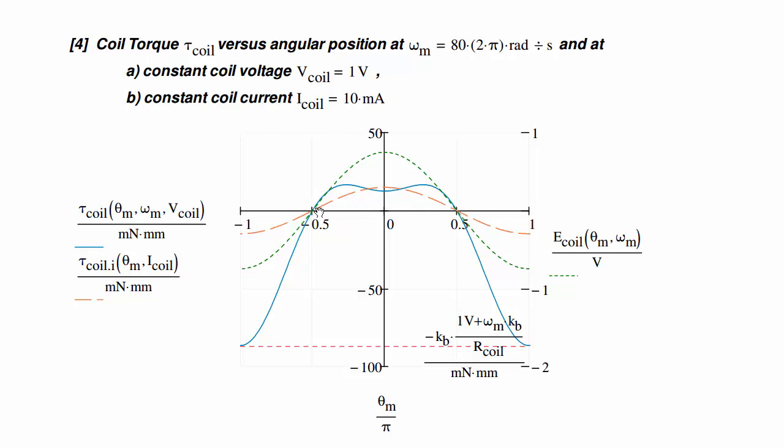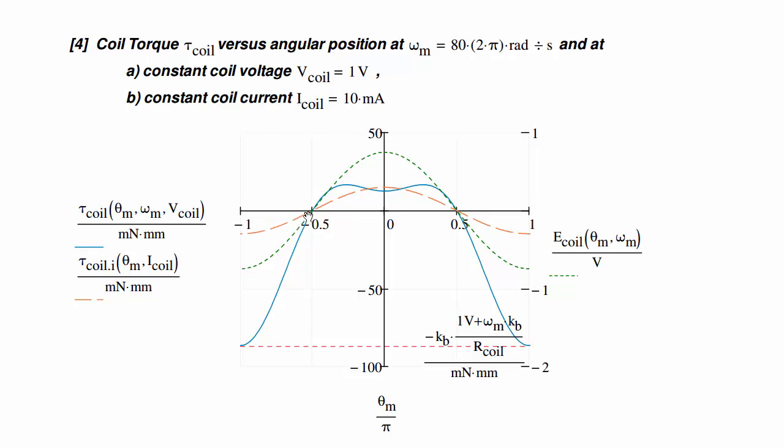Granted, it gets to 0 right at 90 degrees, just like the constant current one does, but it has these lobes out here that maintain on a broader top, if you will. However, when you extend past minus 90 or plus 90 degrees, the negative torque grows much more rapidly and becomes much larger than with a constant current.